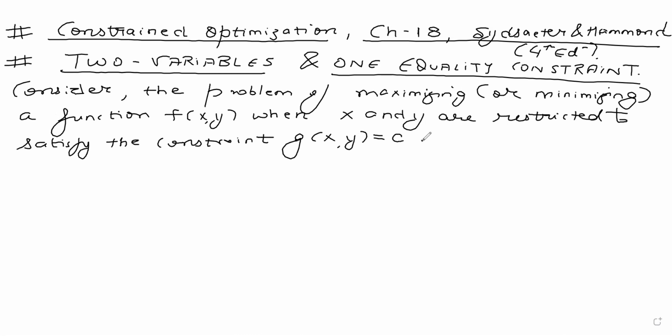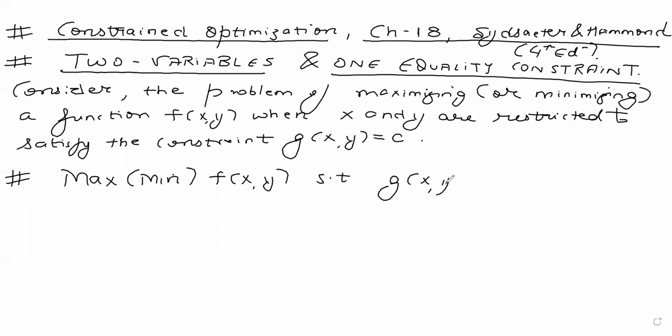So we have the following problem. I can write it in a more clear way. The objective is to maximize or minimize f of xy subject to the constraint g of xy equal to c. So this is our objective in constraint optimization. You can clearly see it's a simple optimization problem.